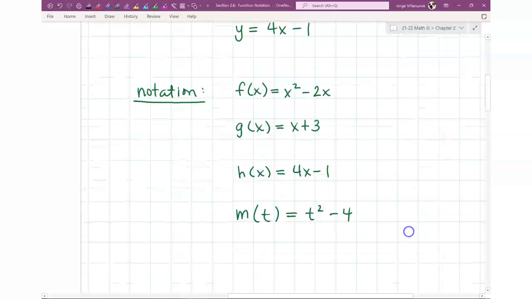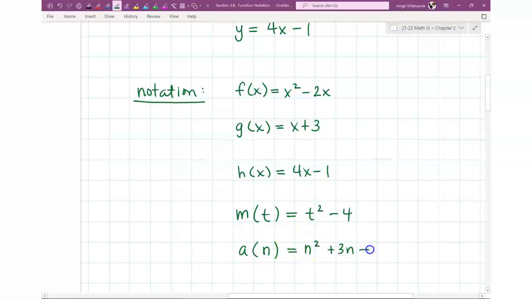So if I were to use, let's say, a of n, it could look like this. So the name of the equation is a, and the variable that it's dealing with is n, right? So n squared plus 3n minus 2, right?